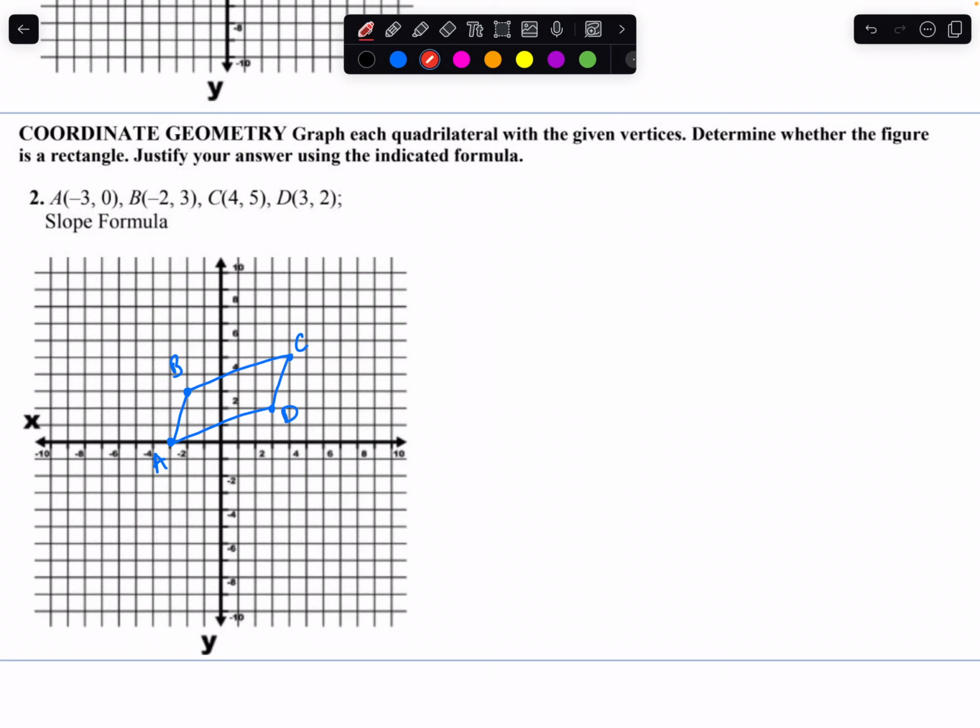Let's say that I'm focusing on 2 lines, AB and BC. If I want to show that those form a right angle, I can say AB is perpendicular to BC when the slopes are negative reciprocals of each other. So I would find the slope of one, and I want to make sure that it's flipped, and I change the sign. If the slopes are negative reciprocals of each other, then by default, the lines are perpendicular, which means they form a right angle.